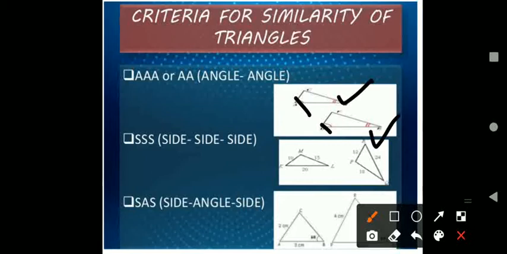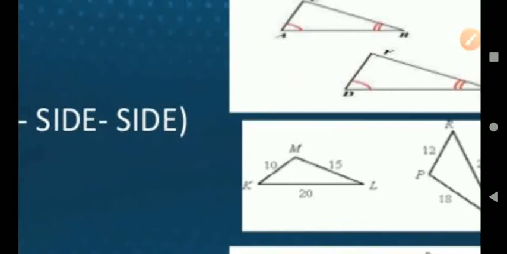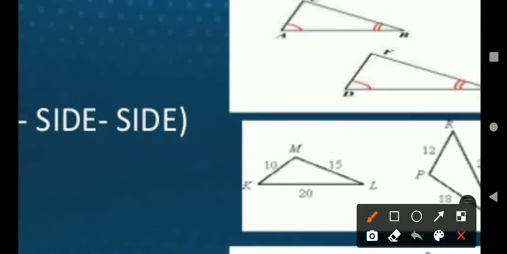Second angle, and it is the third angle, and this criterion is called the AAA criterion, means all three corresponding angles are equal. Now the third criterion is the SSS criterion. Now see the sides. If you consider the ratio of corresponding sides in this similarity, at that time the ratios are equal.